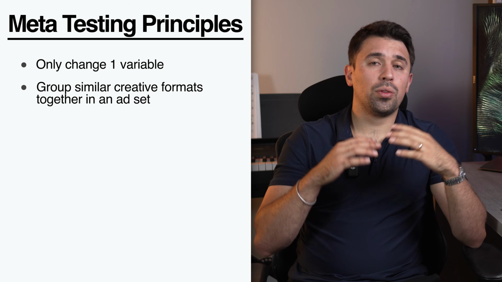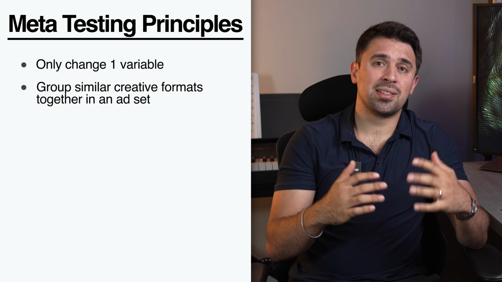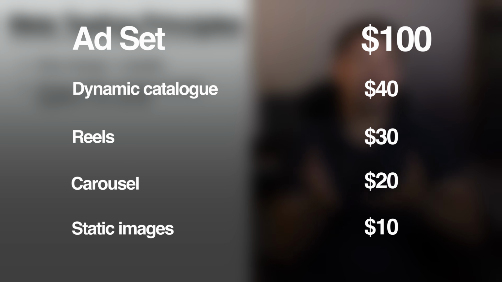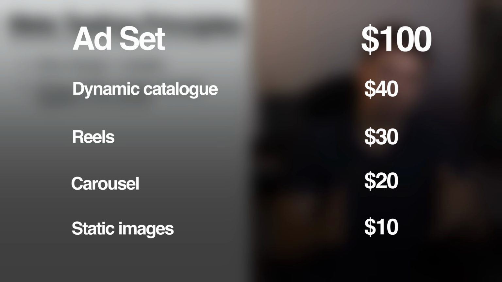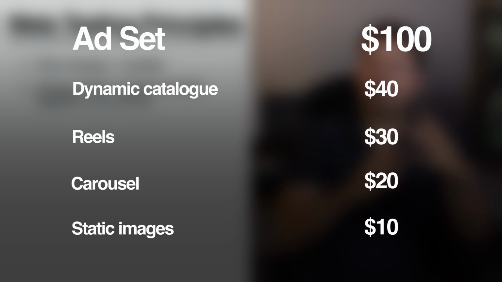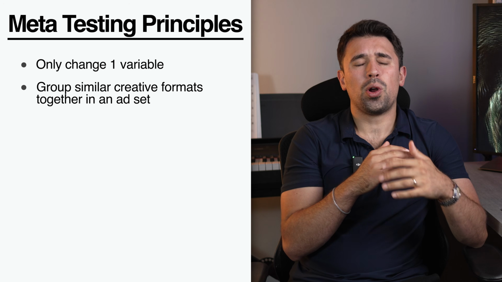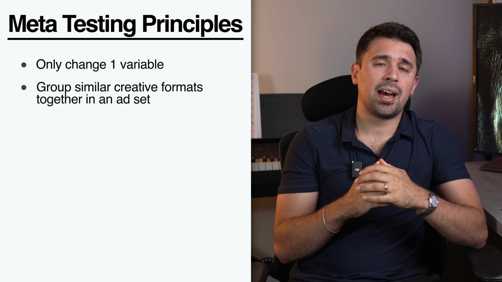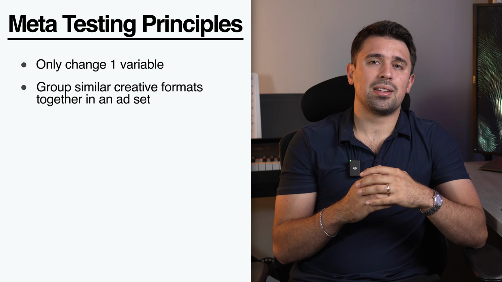So the order that Meta prioritizes spend is going to be number 1, dynamic catalogs, then reels, then carousels, then static images. If you were to put all those different creative formats in one ad set, it's going to spend in that order. So your static image may not even get a chance to be tested. It may not get any spend at all. It doesn't always spend exactly like that, but in a lot of cases it does.